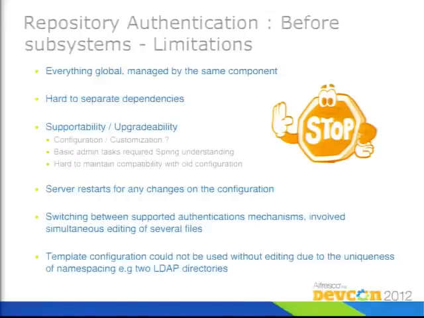We could not define a bean with the same name or ID as another bean. We always had to copy, paste and change the bean name so Alfresco could load both beans. That's what we used to do when we wanted to configure two LDAP repositories for Alfresco, for example.